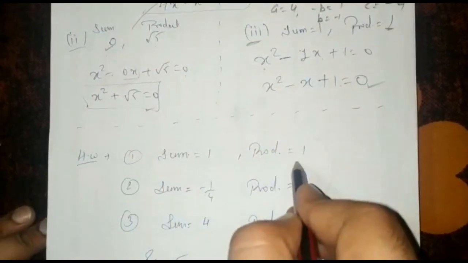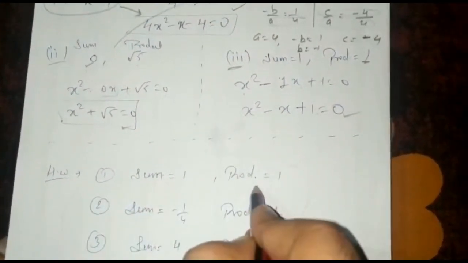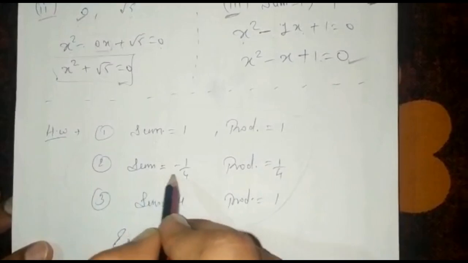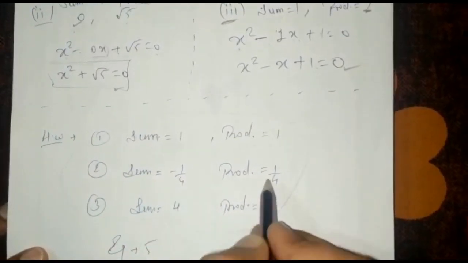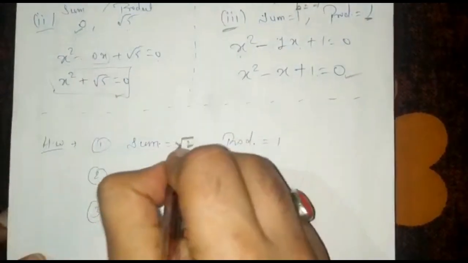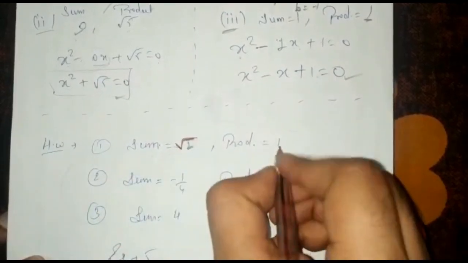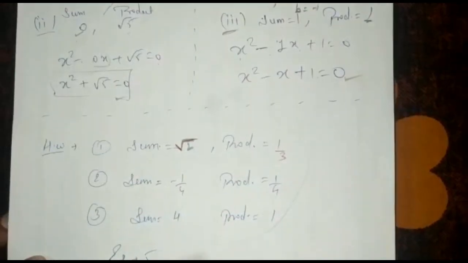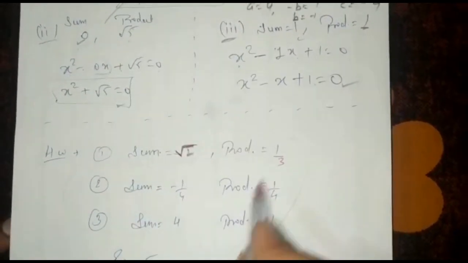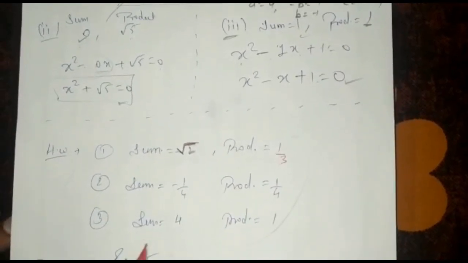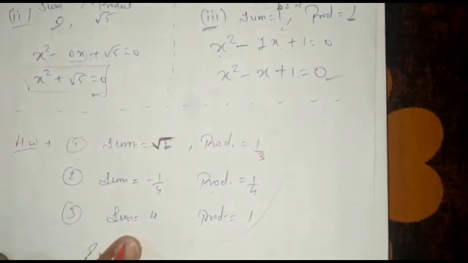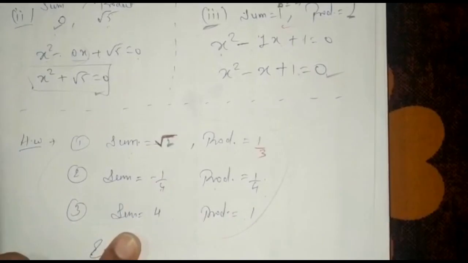Sum of the zeros is root 2 and product of the zeros is 1/3. Second question: sum is -1/4 and product is equal to 1/4. And third question: sum is equal to 4 and product is equal to 1. Because the case of 1 and 1 is already discussed previously, so you just change this question. So students, try it at home.